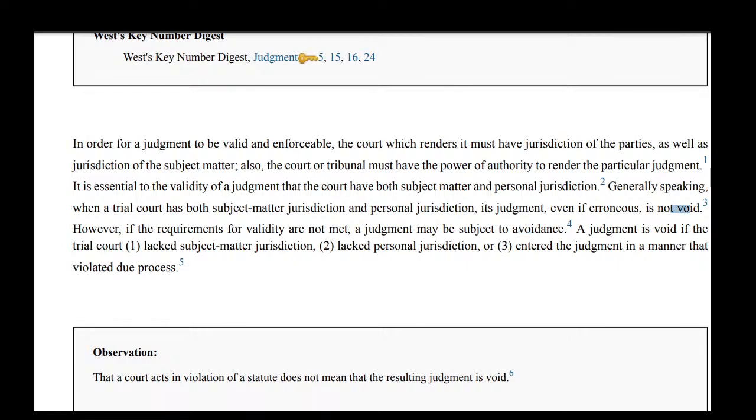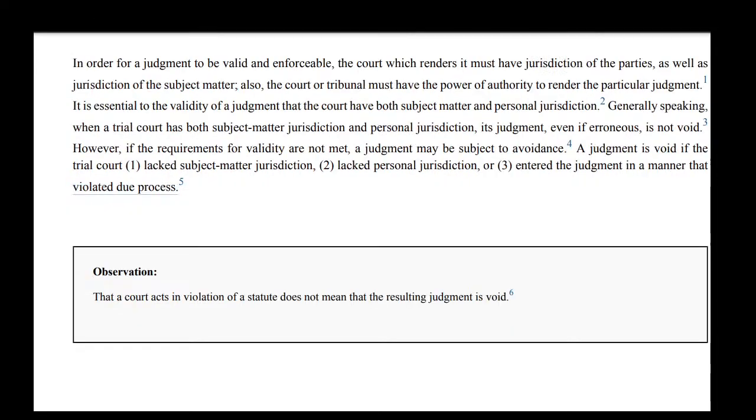Avoidance. A judgment is void if the trial court one, lacks subject matter jurisdiction, two, lacked personal jurisdiction, or three, entered the judgment in a manner that violated due process. Observation: that a court acts in violation of a statute does not mean the resulting judgment is void.